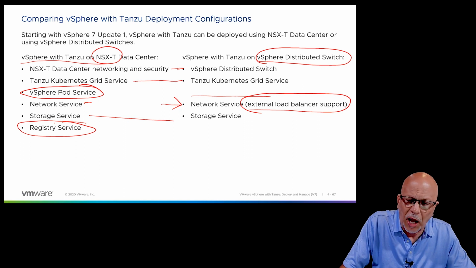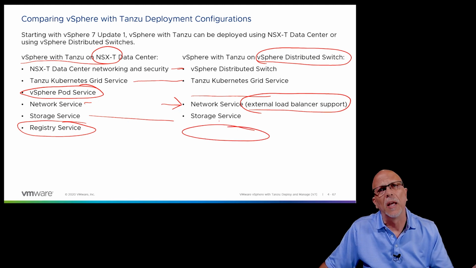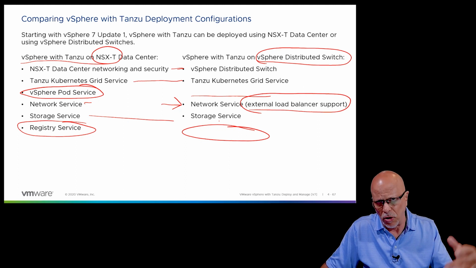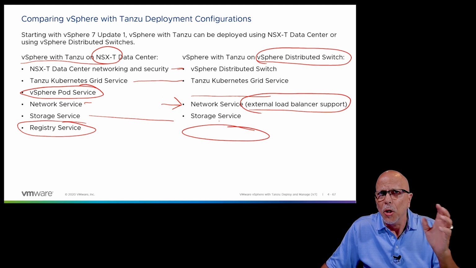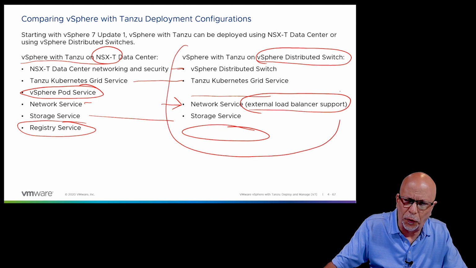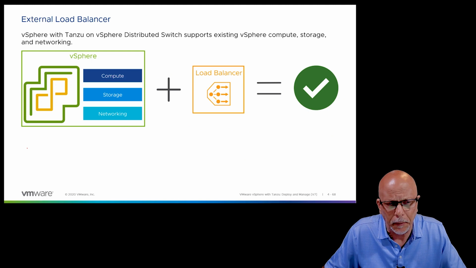Now there are options you can use for the registry service, but it's not a bundled, embedded, click-a-single-button-and-turn-it-on option. You could still deploy Harbor, but you're going to have to go through some additional steps. So let's focus on some of these aspects. Let's go ahead and dig in and get a little bit deeper.